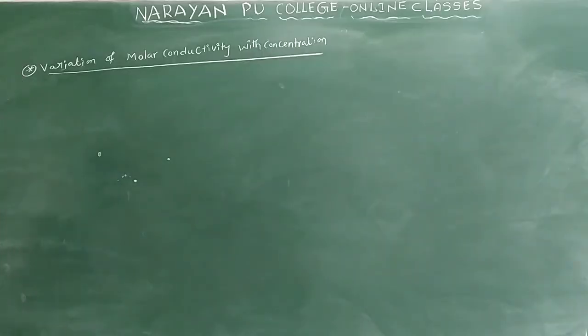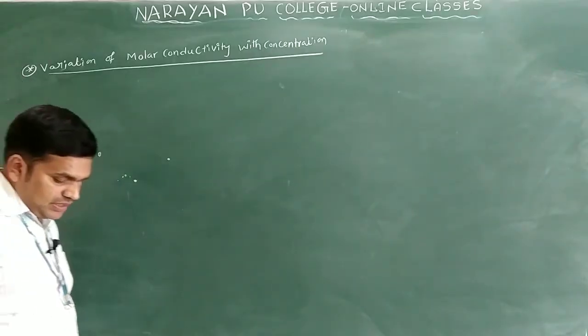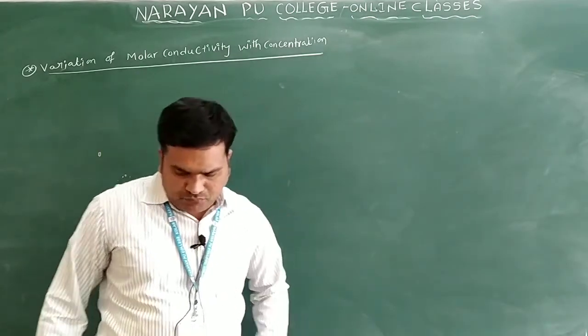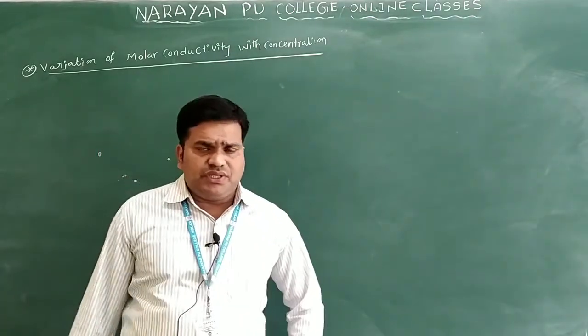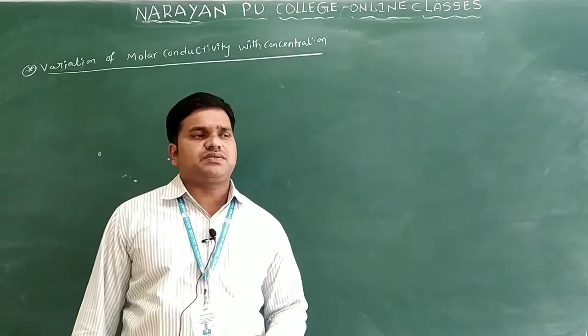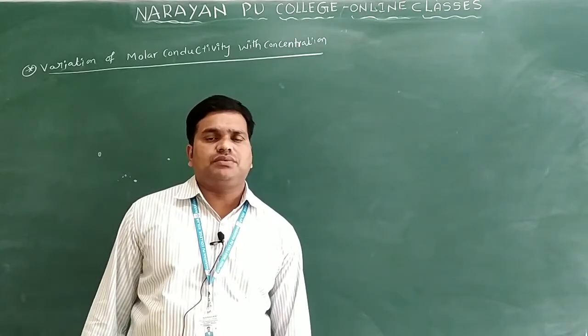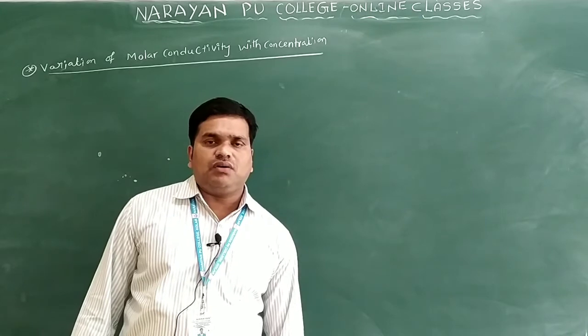See the next concept: the variation of molar conductivity with concentration only. We already discussed the concentration term, but in this case we have to discuss two types of electrolytes only. One is strong electrolyte and the other is weak electrolyte.